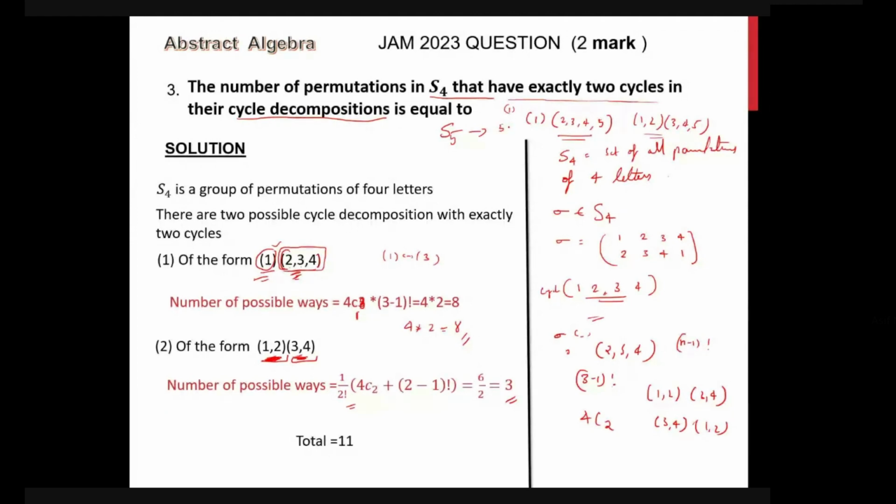For this, 5C1 into 4 elements, so 3 factorial, plus the next one is 5 choose 2 into 3 minus 1 factorial. So this is the total number. This is a very easy question from the abstract algebra area, so we can expect such questions in JAM 2024 also.